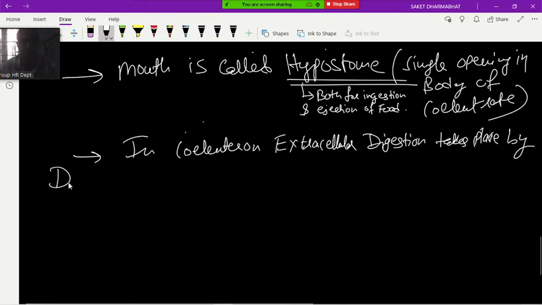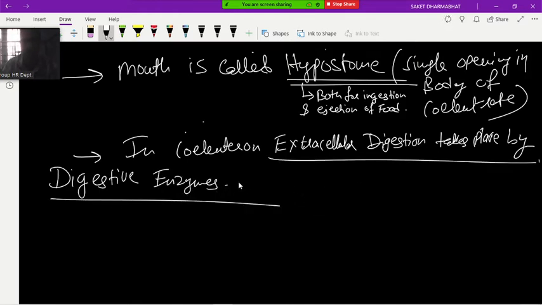By digestive enzymes. So in the coelenteron, what is present? Digestive enzymes are there, so extracellular. So will this medium be acidic or basic? Acidic medium. Clear or not?